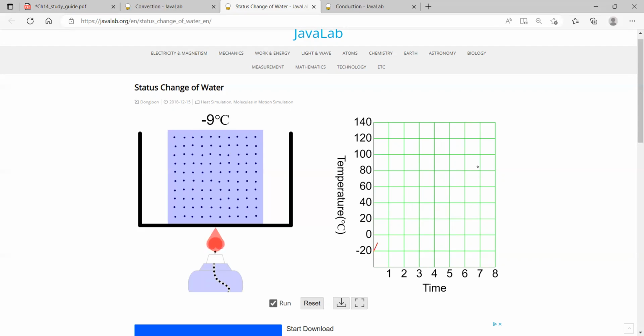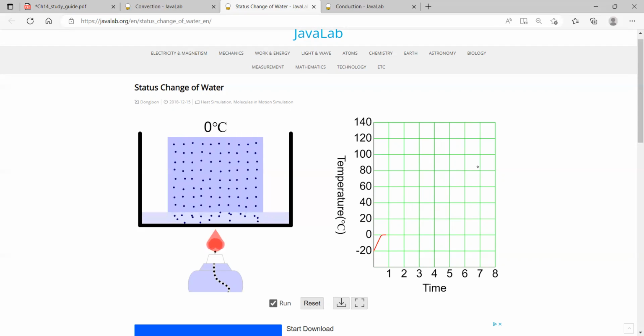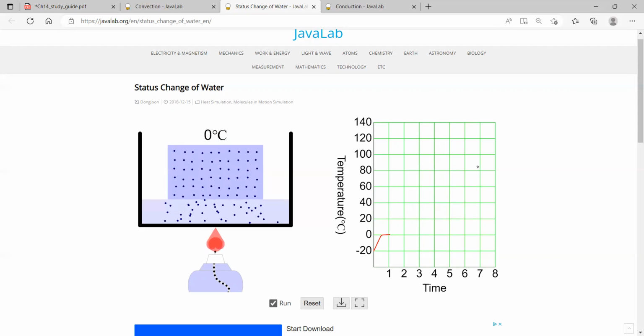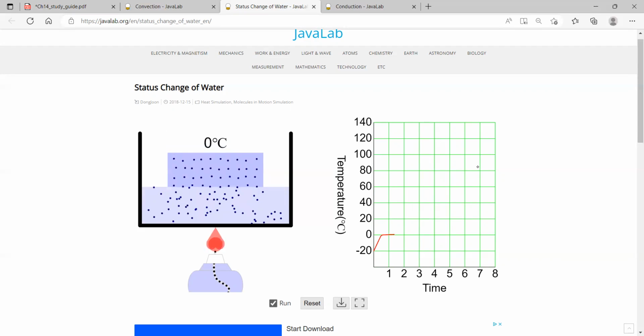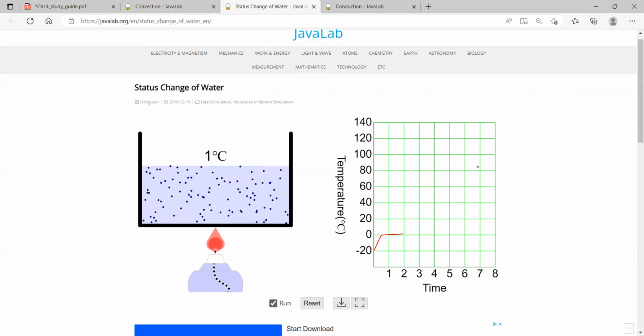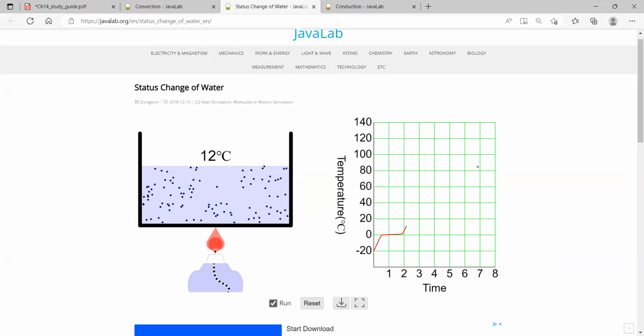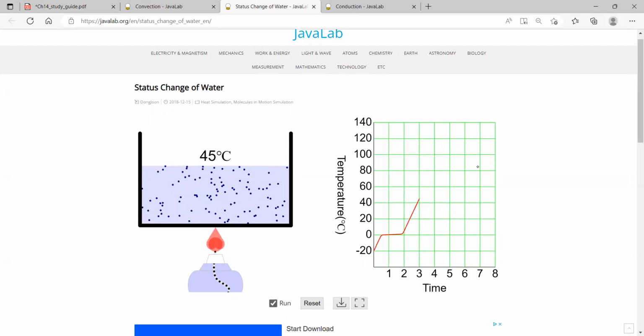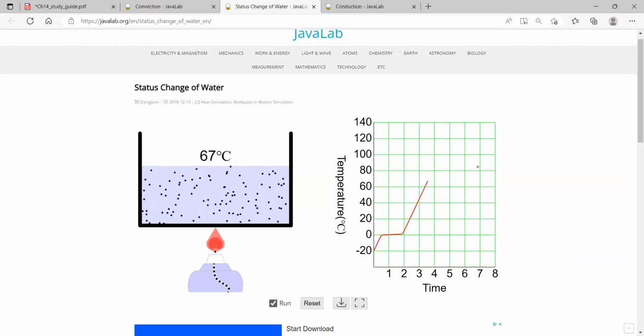So let's see. In the graph, the temperature is increasing, and at 0°C there is no increase in temperature. It's basically horizontal. Then it's increasing again, and at 100°C there will be another horizontal line.